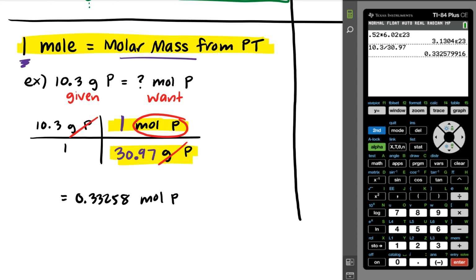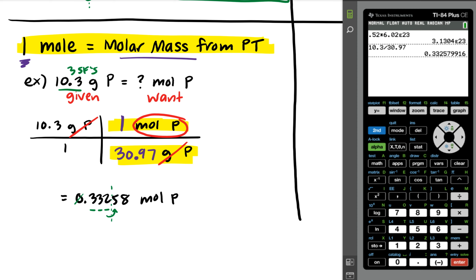Last step, let's check for our sig figs. Our given has 3 sig figs. So that means I would like to keep 3 significant figures in my final answer. Remember, the first significant figure in a number is always the first non-zero digit. So this 0 doesn't count for a significant digit. I now start counting 1, 2, 3.